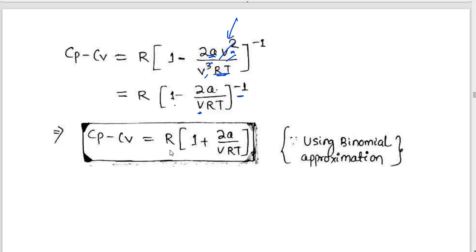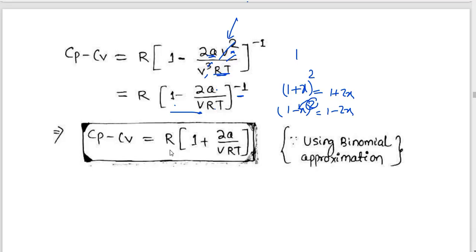We use the binomial expansion here. With the expansion, if we have 1 plus x to the power 2, then the first term will be 1 plus 2x. If we have 1 minus x to the power 2, then the first part will be 1 minus 2x, because ये जो पावर होगा वो आके वहाँ पे मल्टीप्लाई हो जाएगा. This is the first part for binomial expansion approximation.